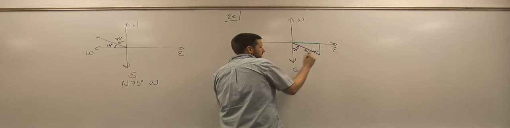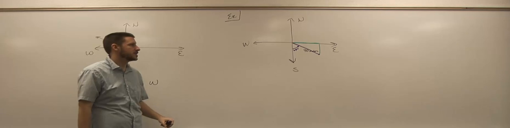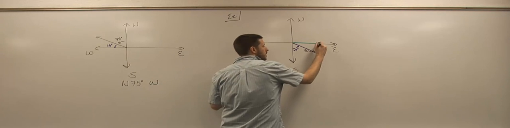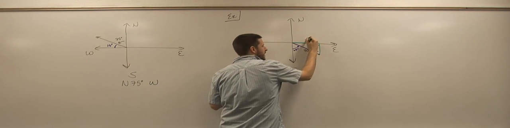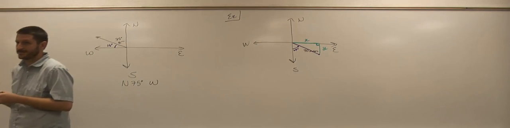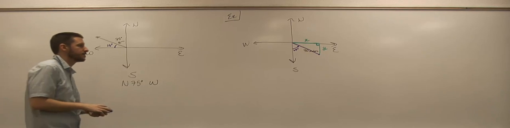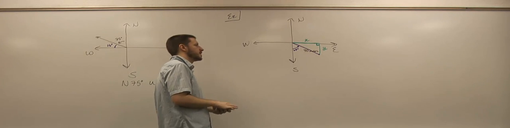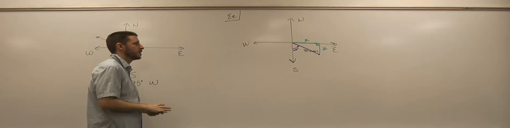Everything we do in this class, for the most part, is with the x-axis. So what the question is asking is for those two distances. How far east? How far south?